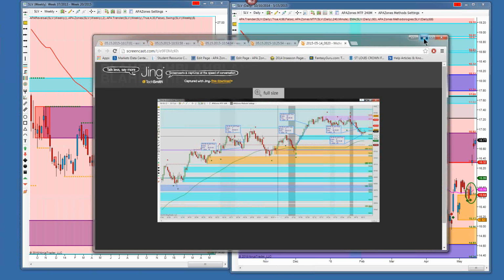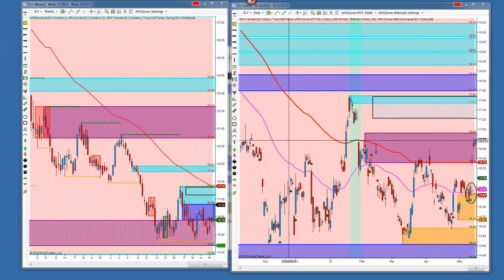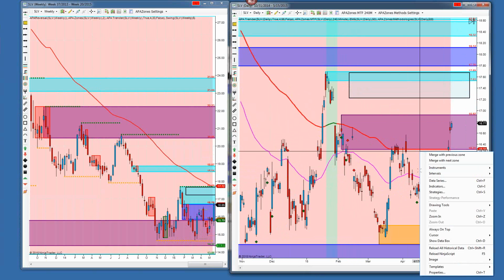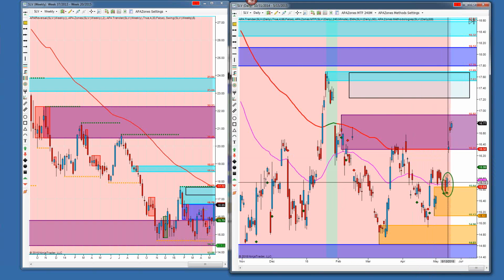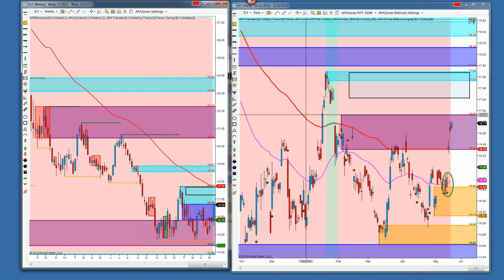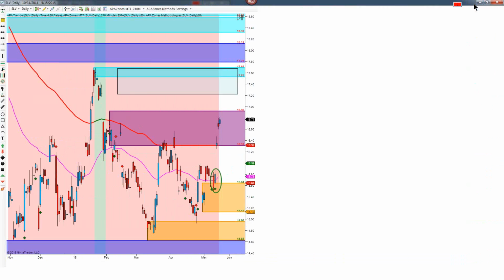I don't know if those are all the same. But here was one, and the thing of it is, this is a counter trend type of entry. You can just tell from looking at the background, they're both red.